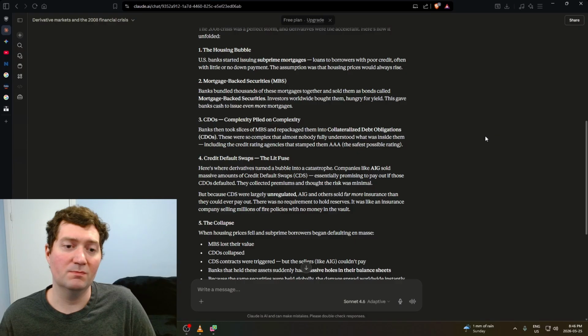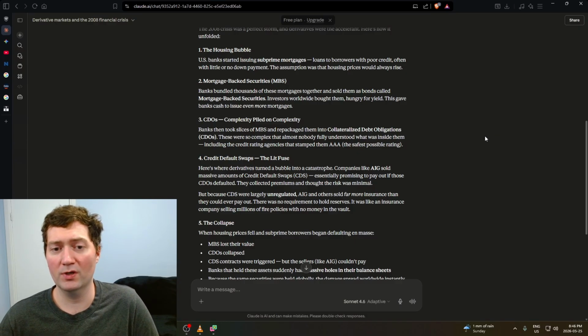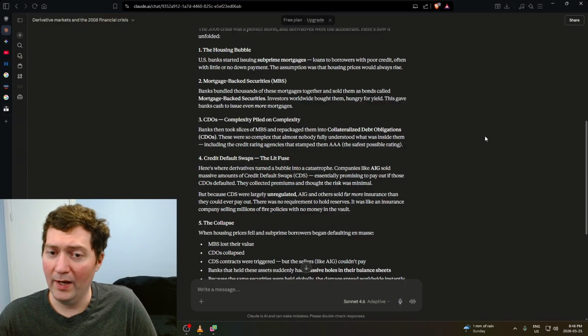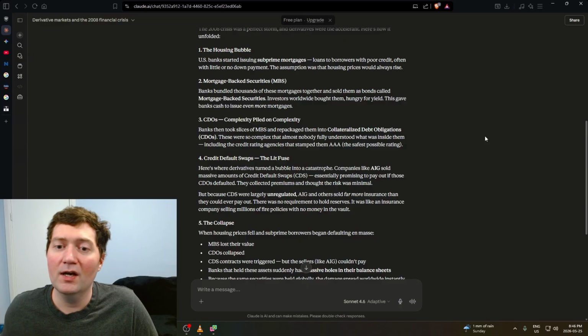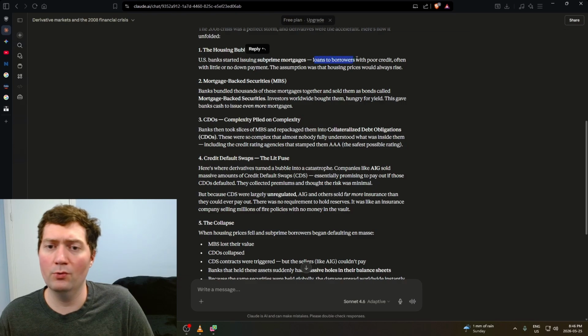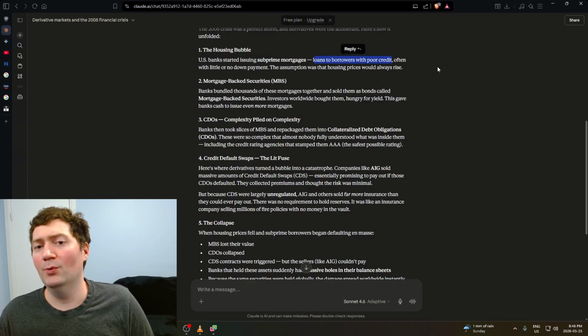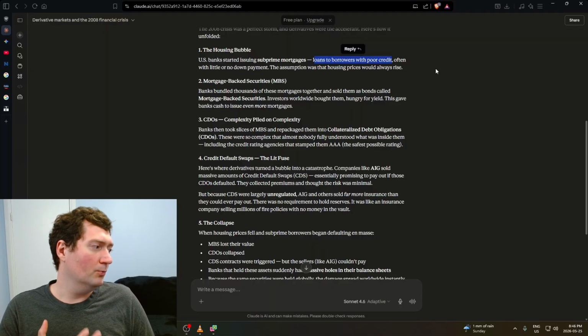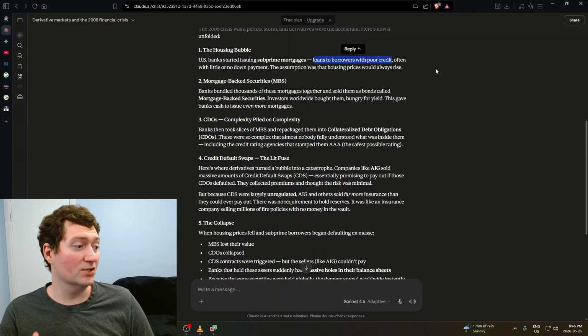Mortgage-backed securities. Banks bundled thousands of these mortgages together and sold them as bonds called mortgage-backed securities. Investors worldwide bought them, hungry for yield. Because they're doing more loans to borrowers with poor credit that will have a higher interest rate. So when you see a higher interest rate, the gains look better.